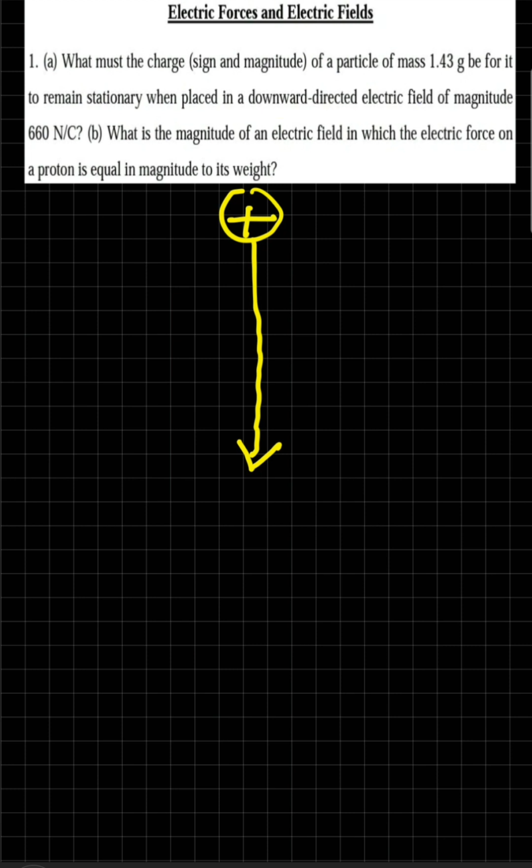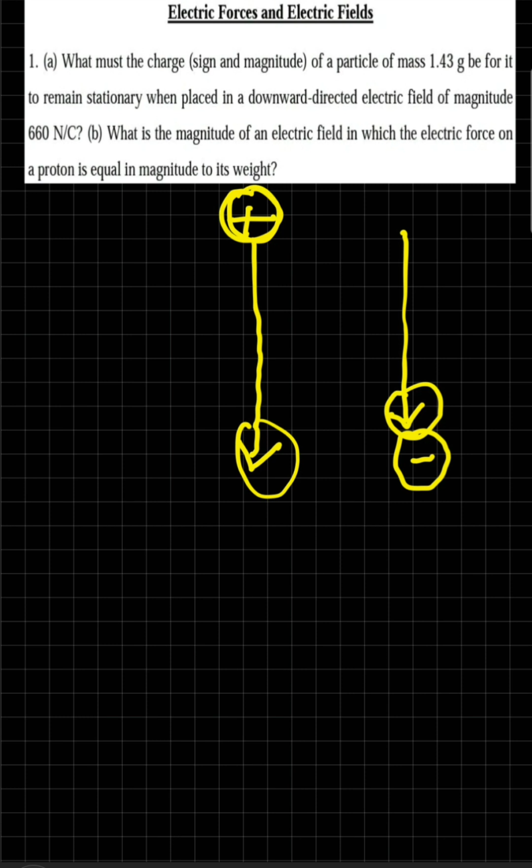Or if we want to, we can put a negative charge at the bottom, and then we understand that for negative charges, their electric fields move towards them, and you see that in both cases we will have an electric field that is projected downwards. So it is either you put a positive charge at the top or you put a negative charge at the bottom. So either way, I'm going to show you how to solve this question using both scenarios.